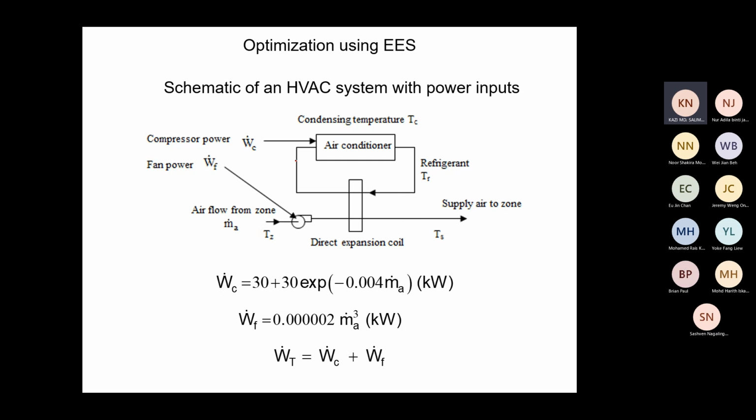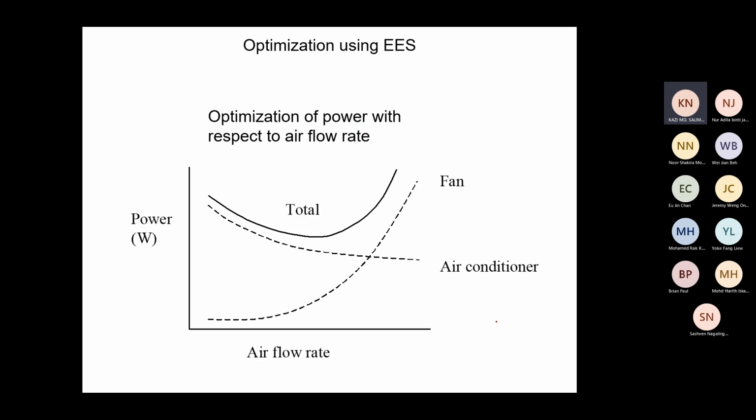All these things can be used for calculating the compression work using these empirical equations. Similarly, WF can also be calculated, and the total can be calculated, WC plus WF. That is the air conditioning compressor and other units, the fan and other auxiliary units altogether, so the total load can be calculated.